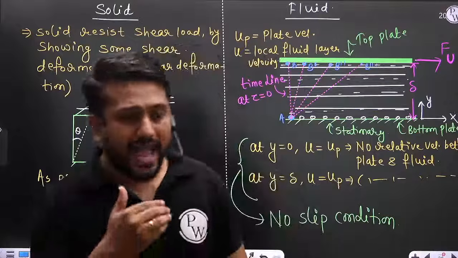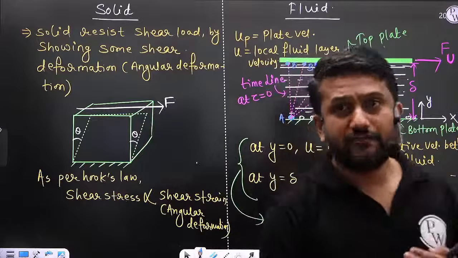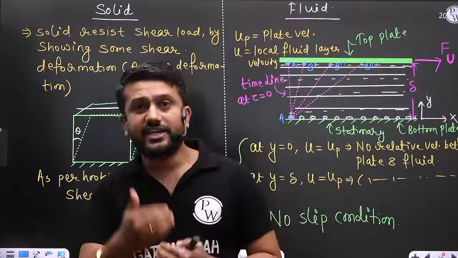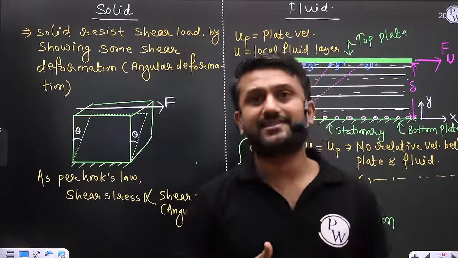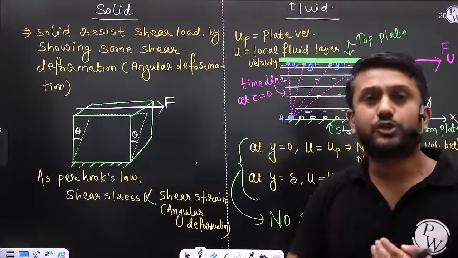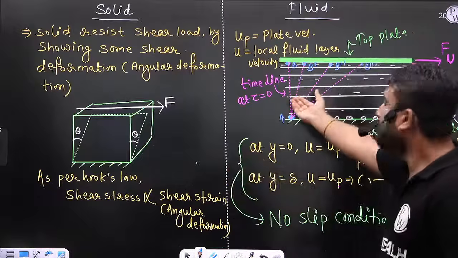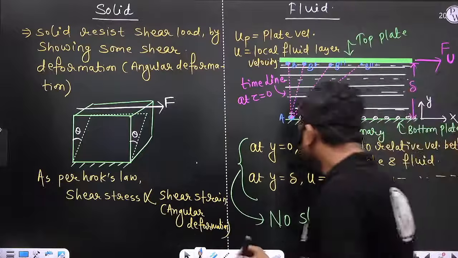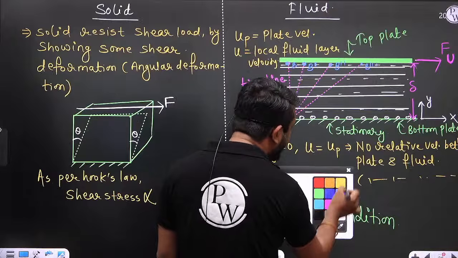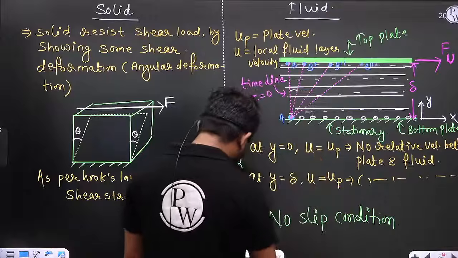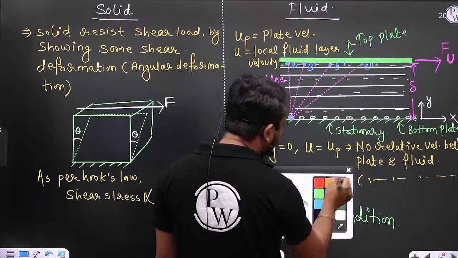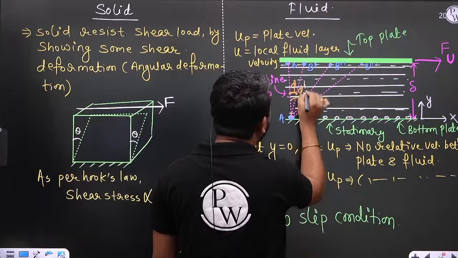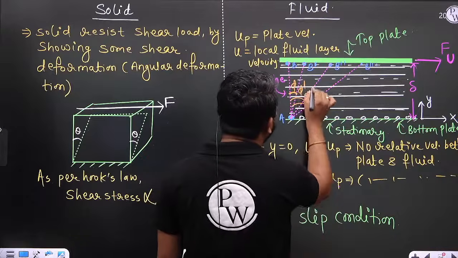This is nothing but the continuous deformation. If I am talking about the angle here, the angle is phi, then angle is phi dash, then this angle is phi double dash, and so on.